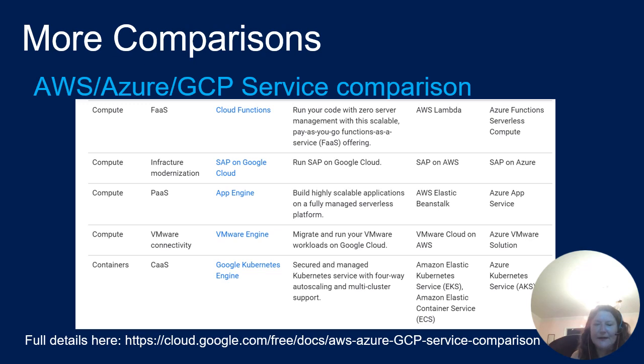Okay, so the next one in compute is VMware connectivity. Google Cloud has the best VMware compatibility products, I think. That's my perception. I don't know if that's completely true, but it certainly seems like they allow infrastructure as a service via VMware very, very well. They have a lot of functionality in this area.